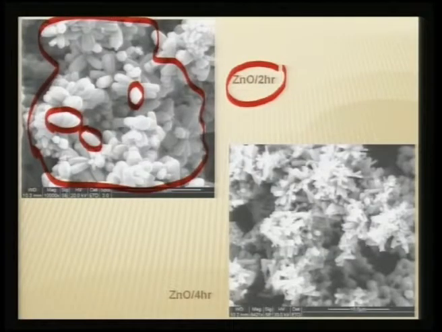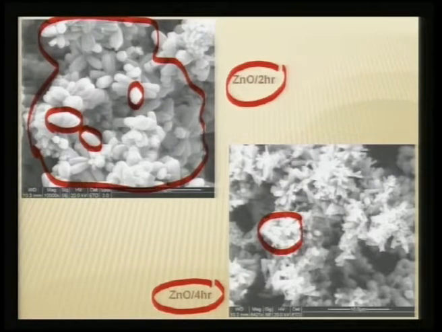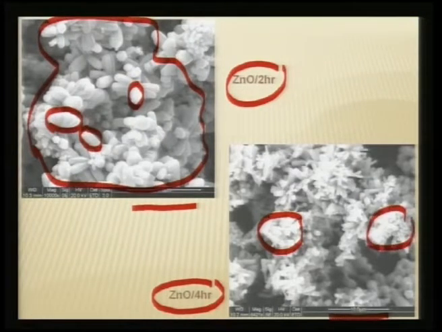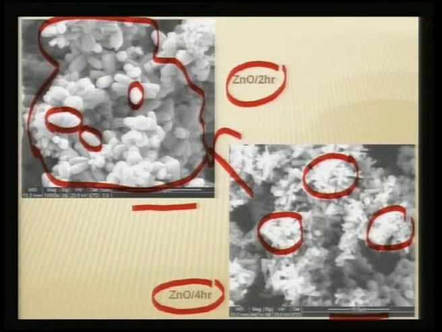So, we can say these are monodisperse rods, but if you extend the same reaction for 4 hours, you can see here the morphology of this zinc oxide is changing, and you could also see for the same 10 micron scale bar, you can see vividly the size of zinc oxide has changed, and also the features are no more similar to what we see in this view graph.